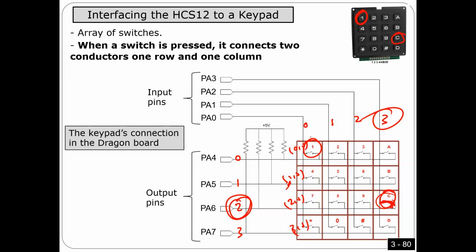And then I'm going to return the Ascii of 1 if this is the one connected, the Ascii of 2, the Ascii of 3, the Ascii of A, and so on. Is that okay? You understand now?